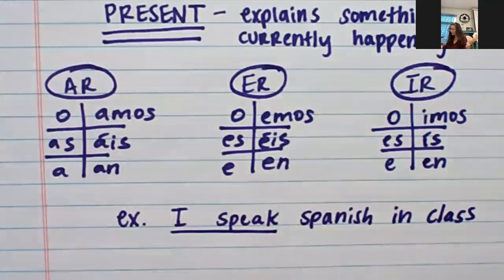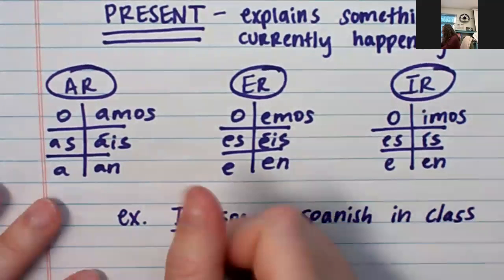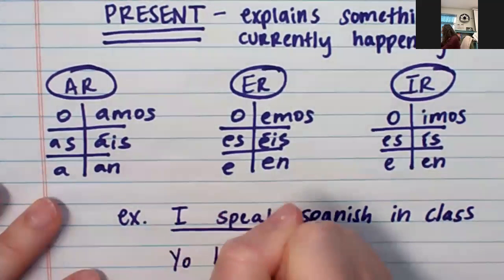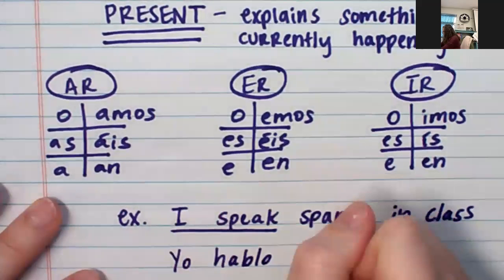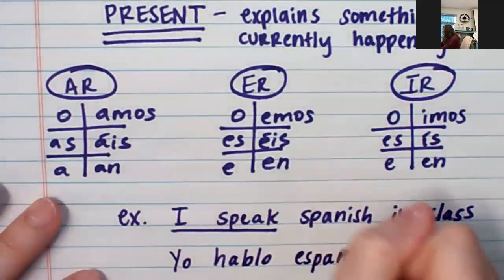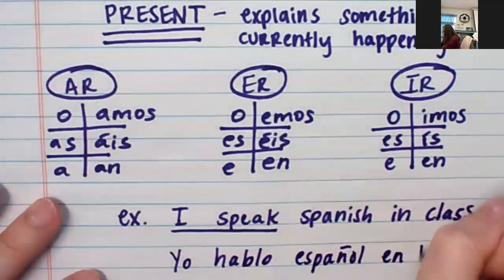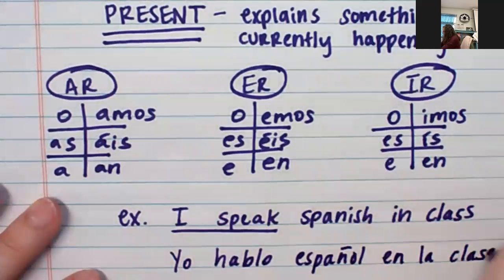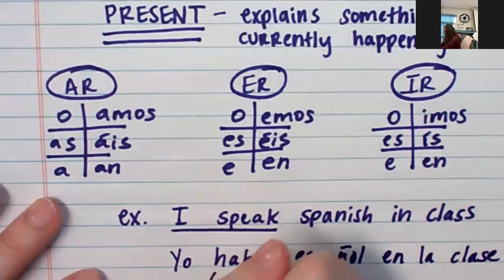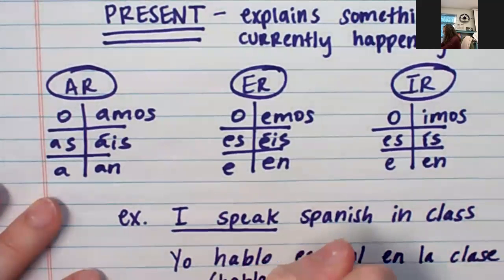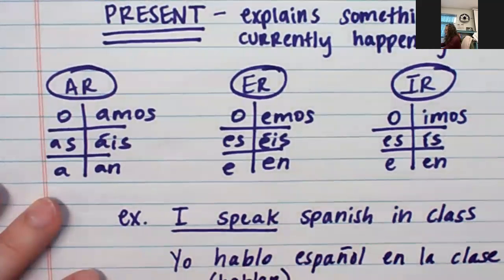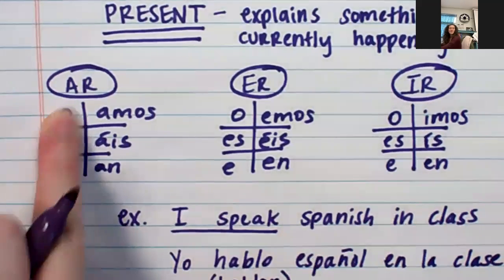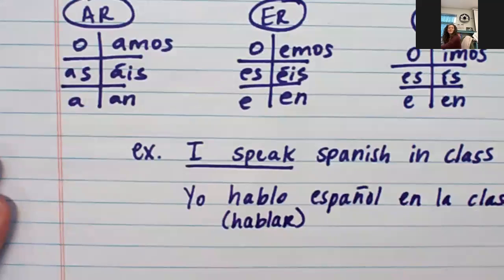Hence why it's called the present tense. So I speak would be yo hablo español en la clase. So we know that hablar is an AR verb, so we use these endings.